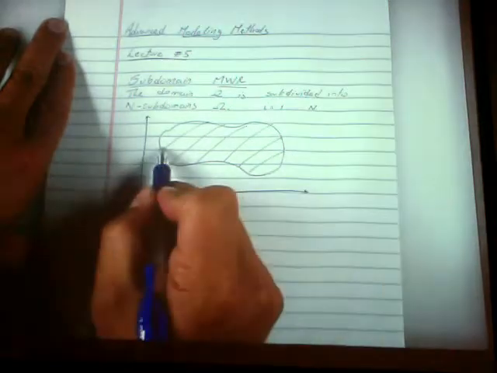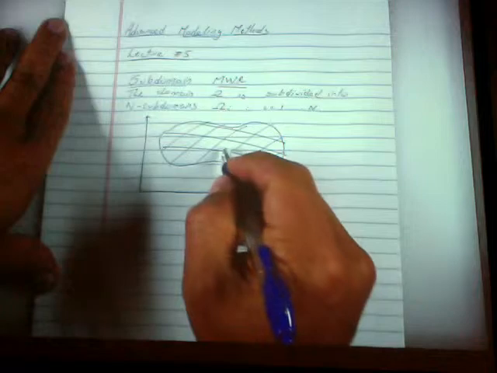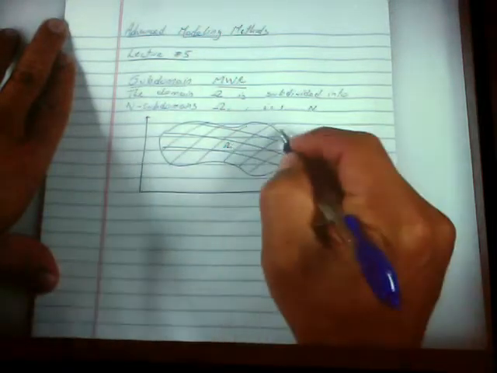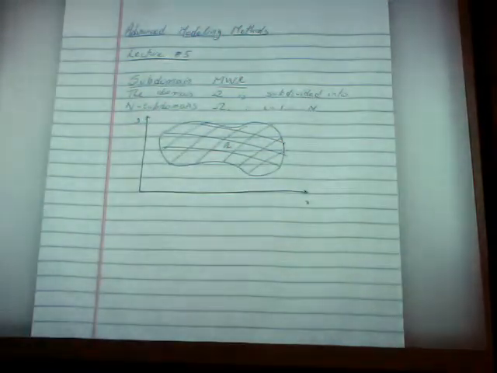So basically, if we're looking at a 2D problem, this will be the entire domain omega, and this is, let's say, x and y, a 2D domain.